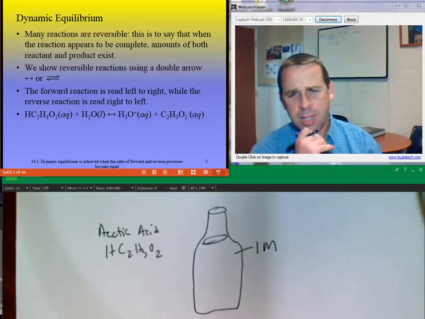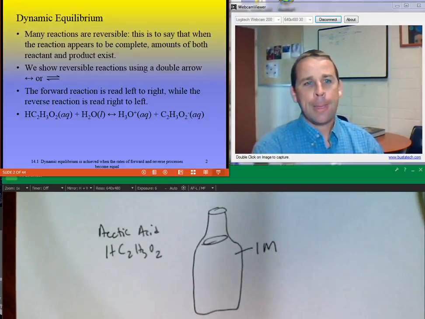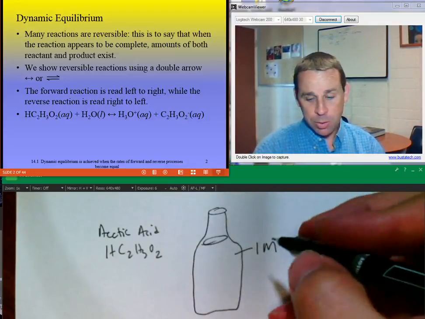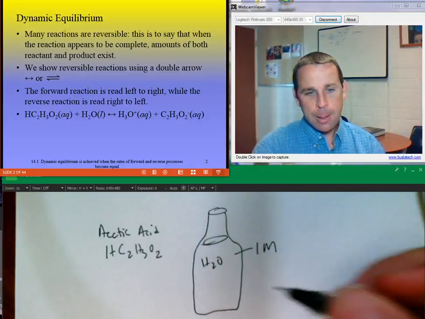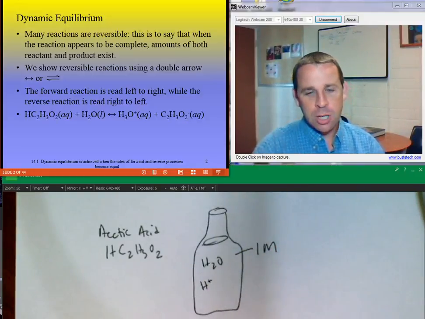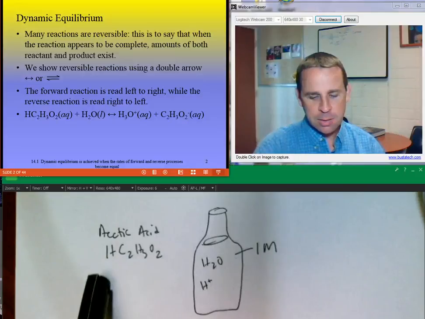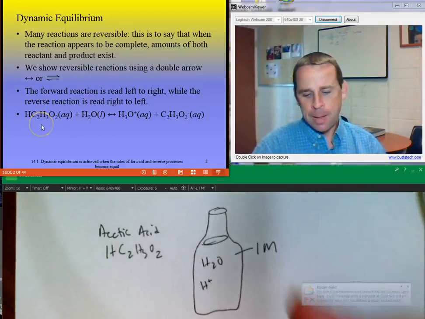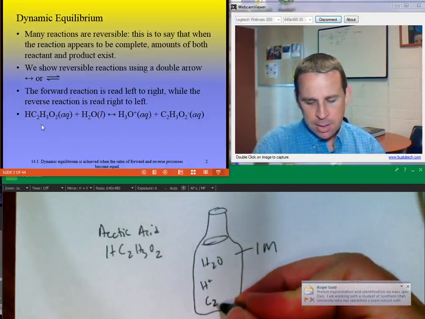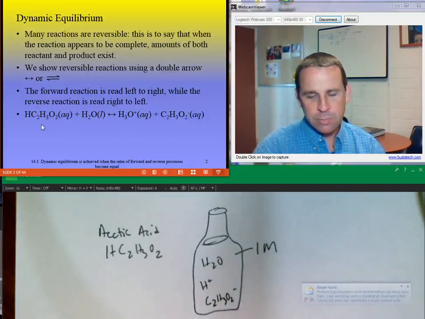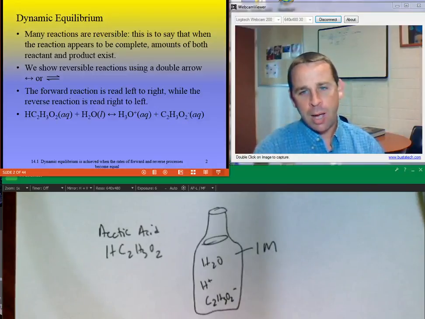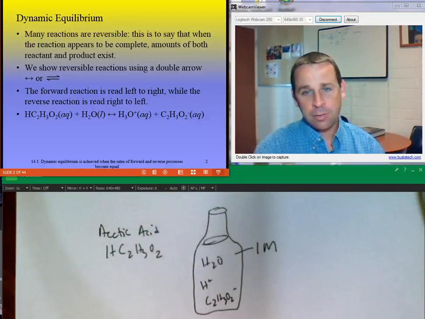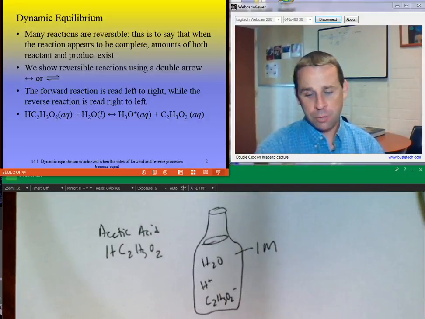If we were to look inside this bottle, first of all, it's 1 molar in water, so there's lots of water. Then there are some hydrogen ions floating around because they dissociate, as we see in this reaction. We have the acetate ion, C2H3O2 minus, floating around. But we'd also have some of the acetic acid itself, the non-dissociated form, floating around.